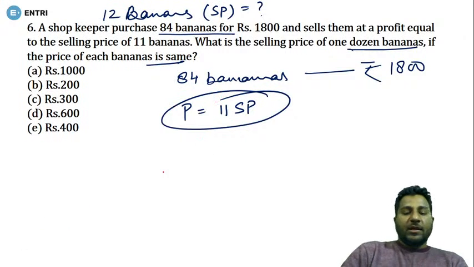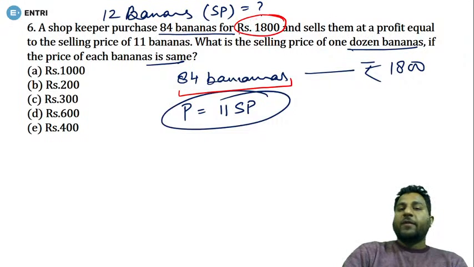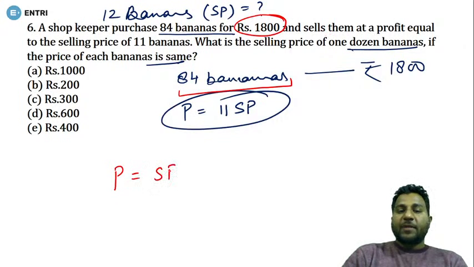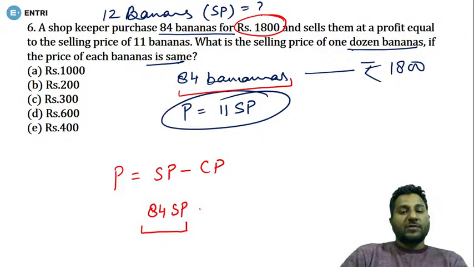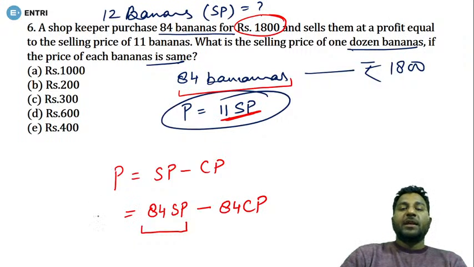Look, when you purchase 84 bananas worth 1800, and you are already getting a profit, profit stands for selling price minus cost price. That means the selling price for 84 bananas minus the cost price of 84 bananas would be equal to the selling price of 11 bananas.